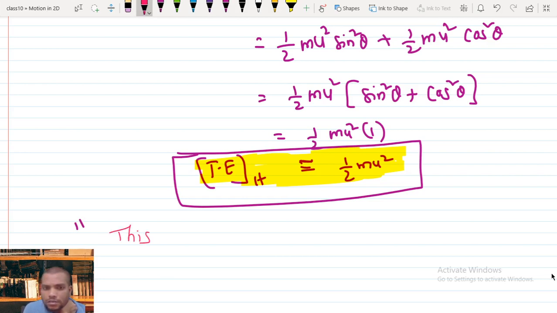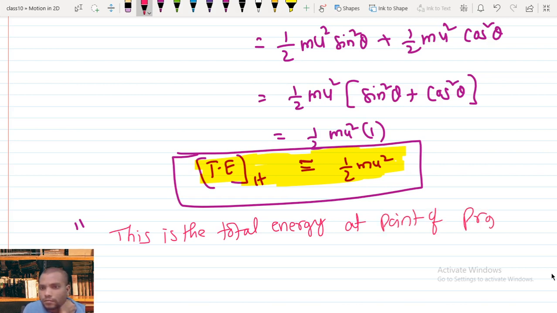So this is the total energy at the point of projection, which means at the starting point. What is the energy of the projectile just after launching? It is just half m u square.